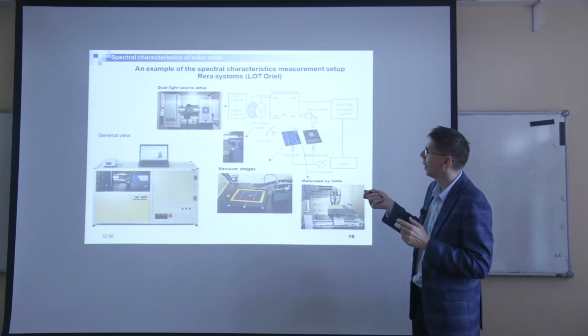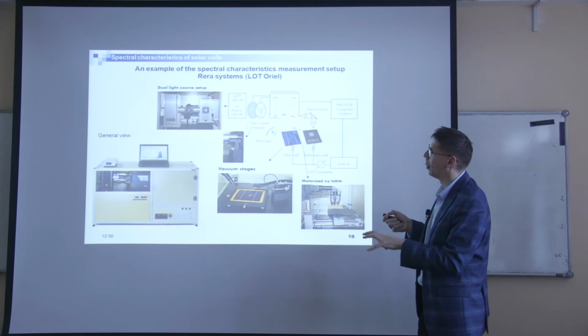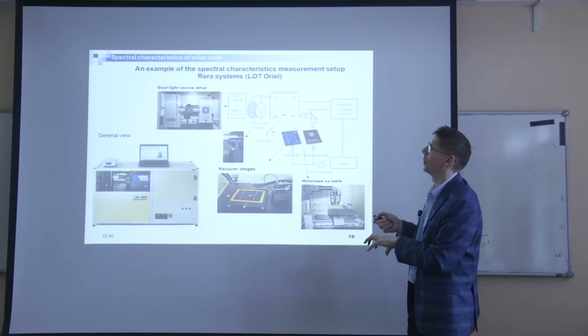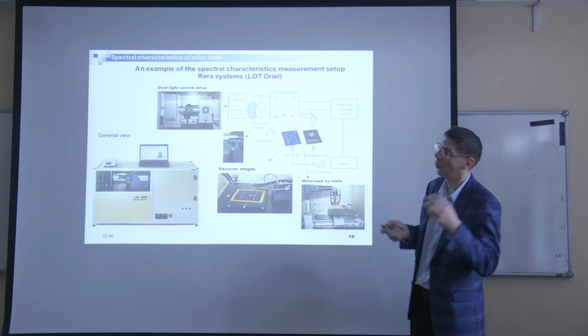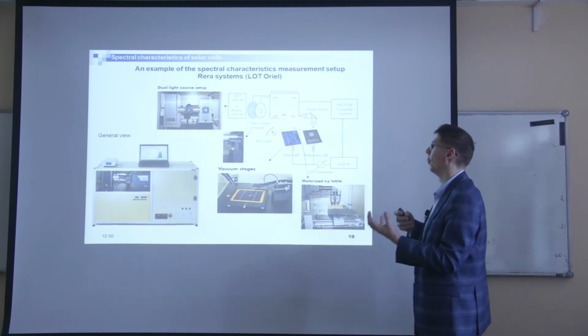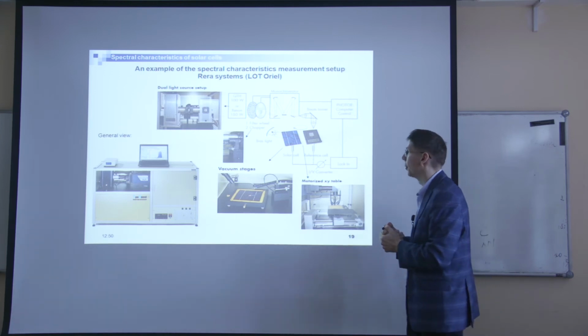So we see there is a double lamp source of light. We can choose either xenon or halogen lamp for different ranges of the spectrum.